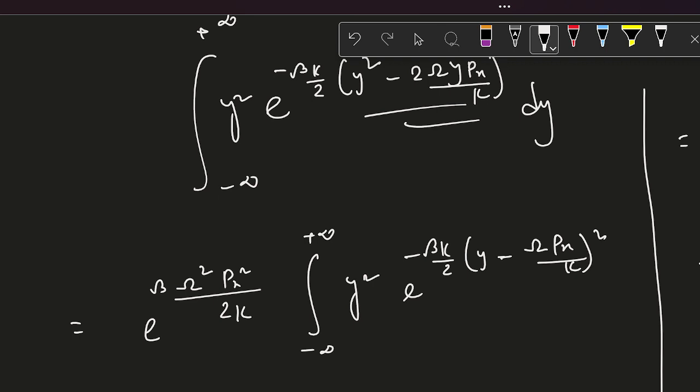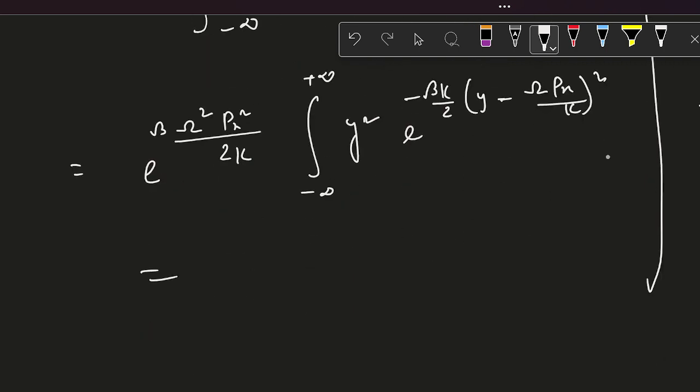So this is equivalent to a Gaussian form, only that if you replace y minus this whole thing by t, then dy becomes dt, right?